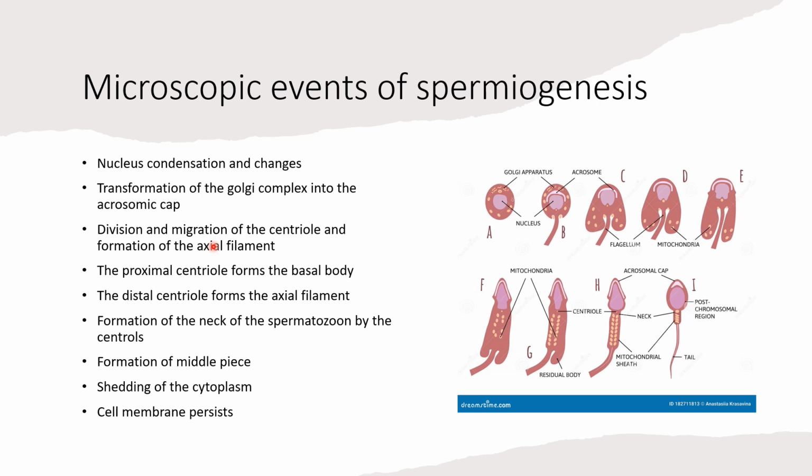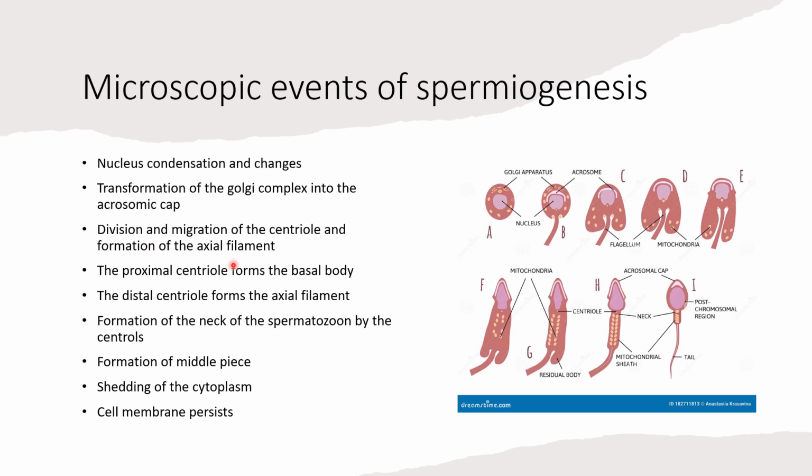Some of it is lost, and some of it is utilized to form the acrosomal cap, lying just at the tip after the condensation of the nucleus. This is very important because the acrosomal cap is responsible for the future capacitation and acrosomal reaction that will ensure that fertilization takes place.